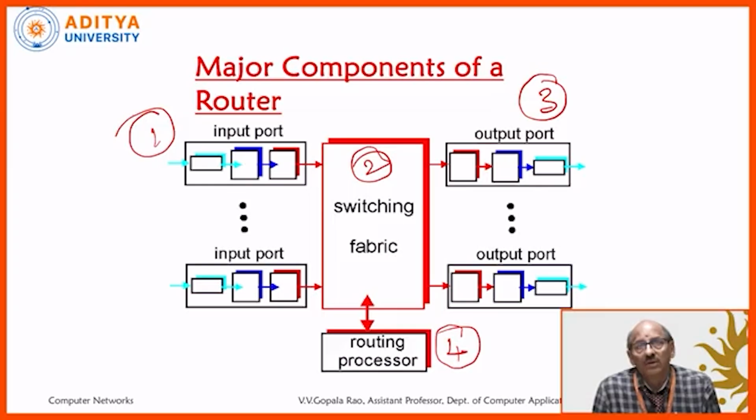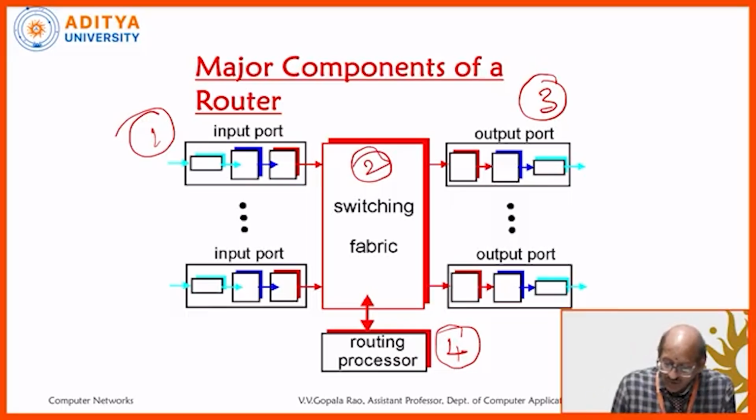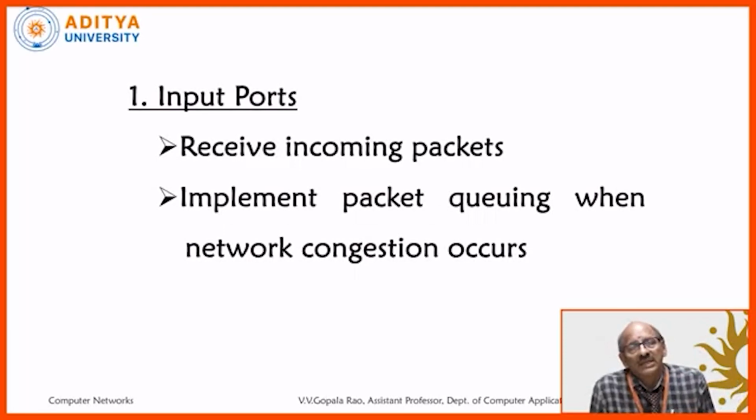These are the four main components you can identify in the router. Because the components are different, you can expect the role of each component is also different. Now we have to look at the role of each component in the parts of the router. So let us start with the input port.